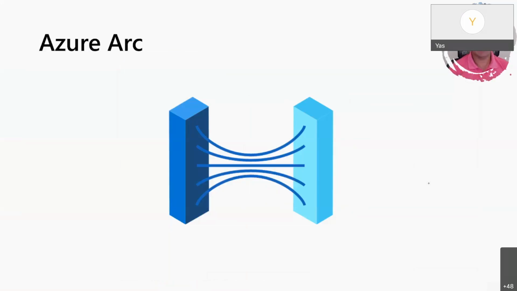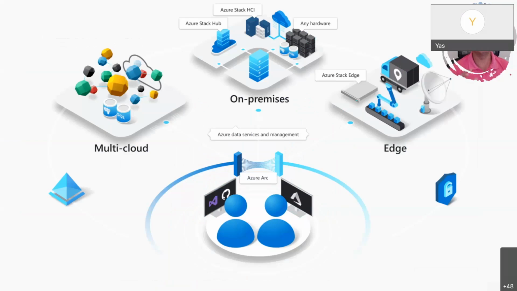We also have Azure Arc. Now, Azure Arc is not a service which allows you to run containers per se, but it will help you to manage your workloads across multiple different environments. So if you have IoT edge devices on Azure Stack Edge, or if you have your Azure Stack Hub running in your on-premises environment, or if you have some resources running on other cloud providers, Azure Arc allows you to monitor and manage all of that.